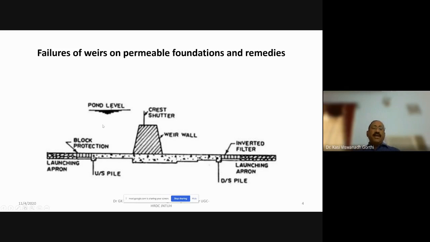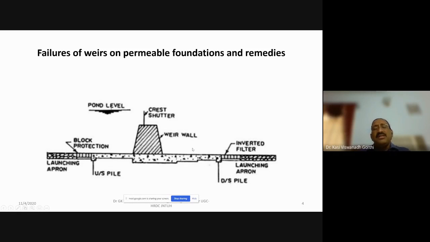What are the possible failures? When the water is stored here, there is a possibility that the water may seep through the foundation of the weir. This seeping water may lead to the failure of this structure.